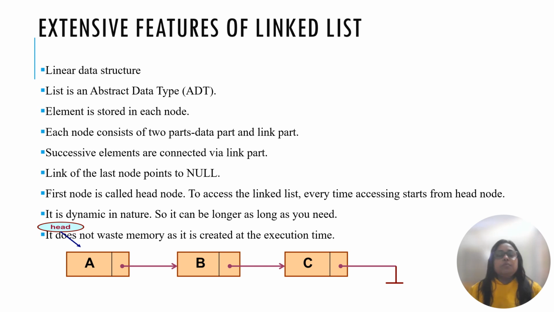Now, some extensive features, like it is an abstract data type. Abstract data type means the data type with some abstract methods, like linked list. Linked list is a linear data structure, okay, but when we are talking about linked list, certain defined operations we can perform in the linked list, like stack.